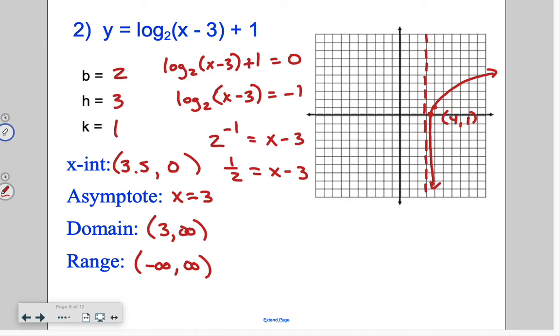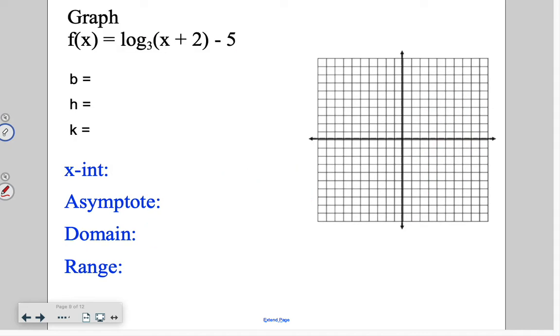All right, let me give you a practice problem here. Let me give you a chance to try this on your own where I'm not directing you. Here you go. Try this one. There's your logarithmic equation.